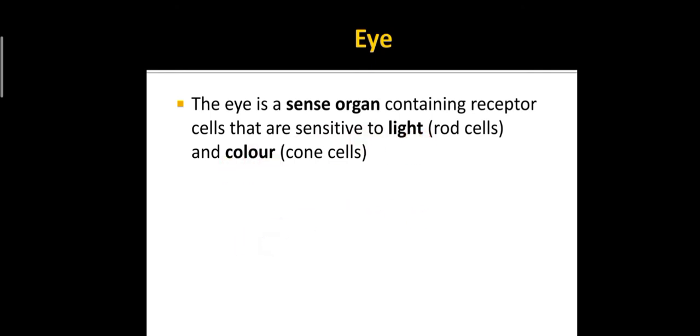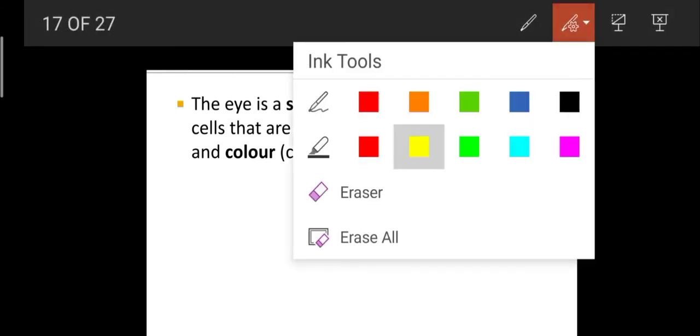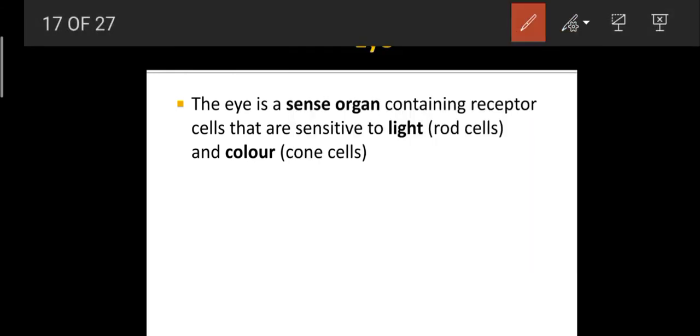The receptor cells that are sensitive to light are called the rod cells, while the receptor cells that are sensitive to color are called the cone cells. So the eye is a sense organ and it contains the receptor cells. The receptor cells that are sensitive to light are called rod cells, while the other ones that are sensitive to color are called cone cells.